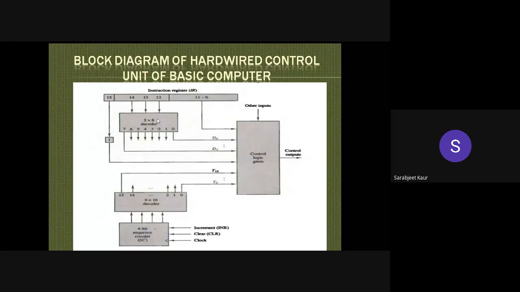As we discussed in the last class, we place a 3 cross 8 decoder here, which decodes what operation is to be performed depending upon the values in these three bits.